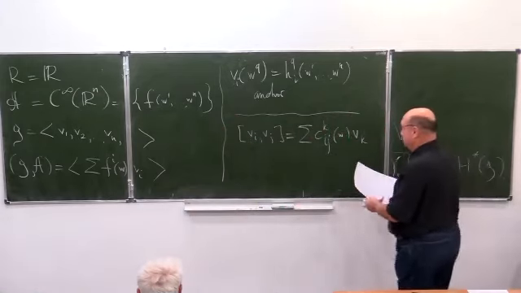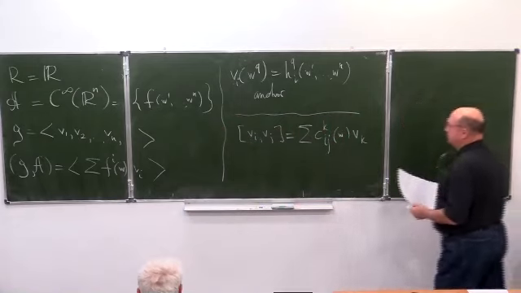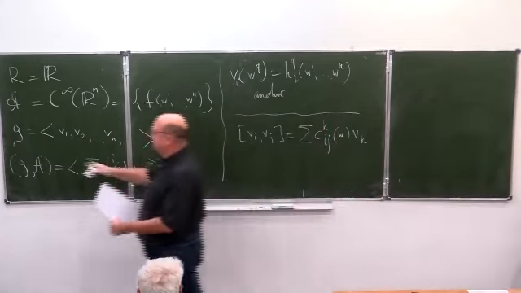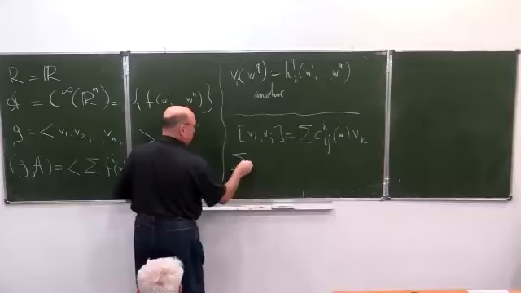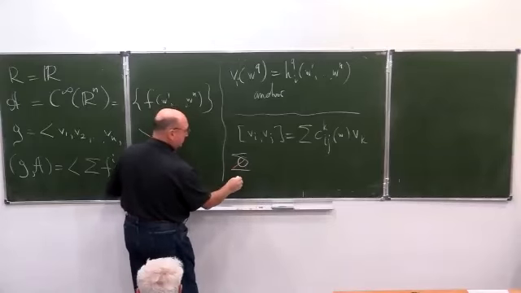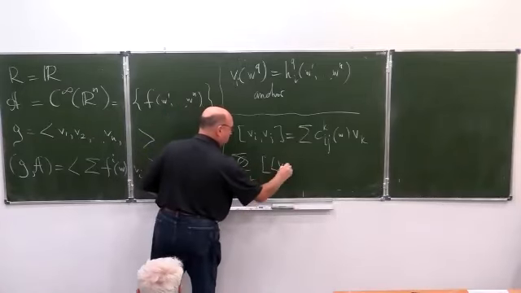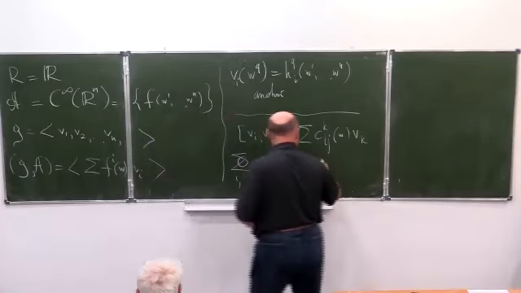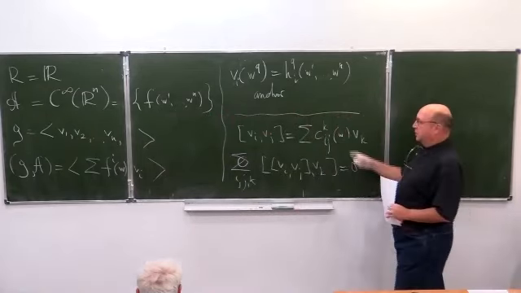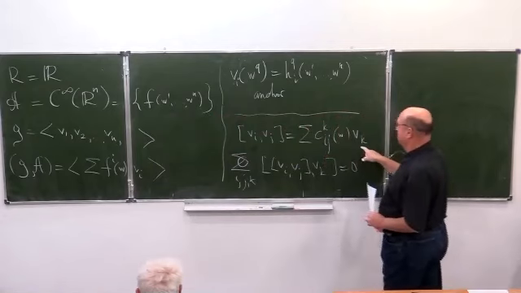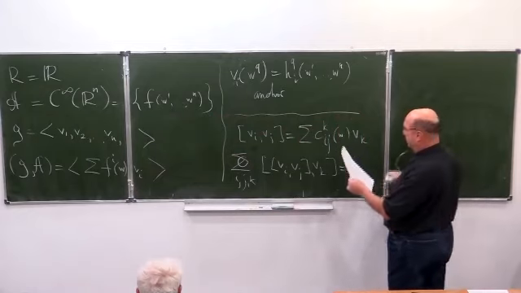And now, since this is a Lie algebra, there should be a cyclic sum, and this cyclic sum should be equal to 0. So these coefficients must satisfy the following equation.